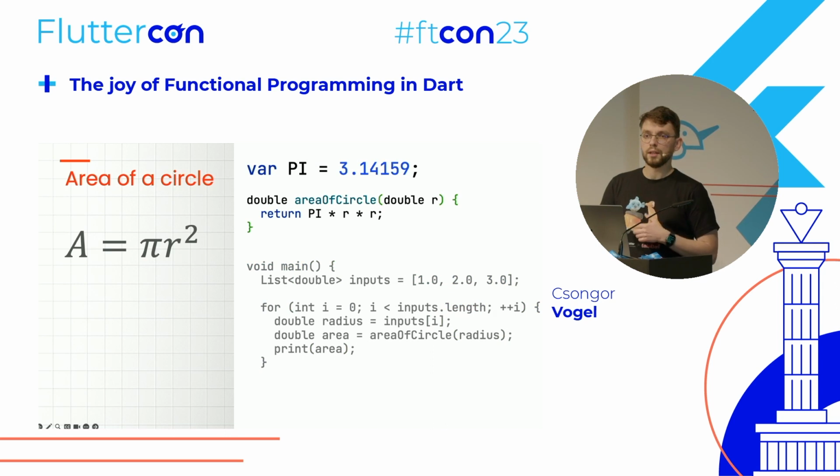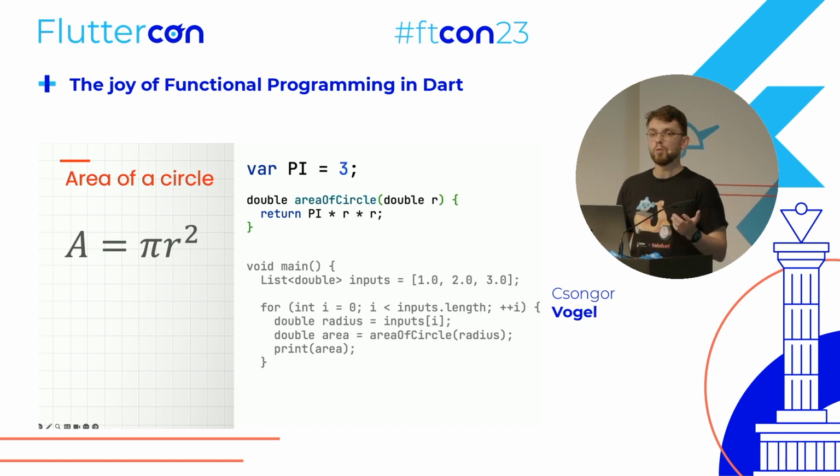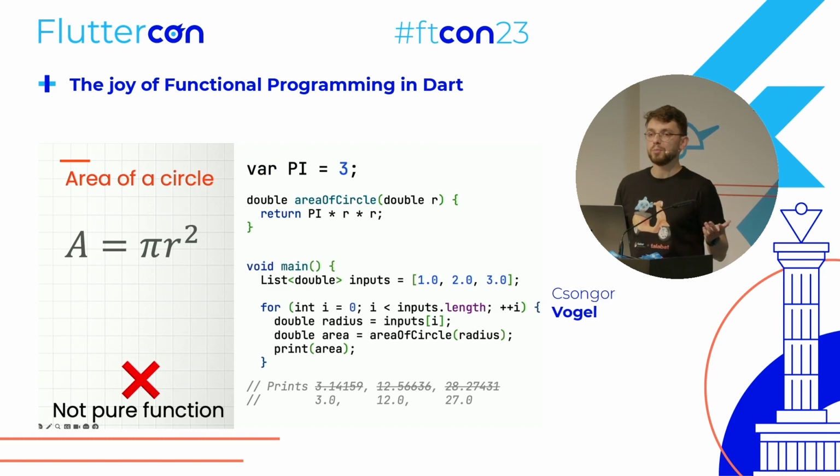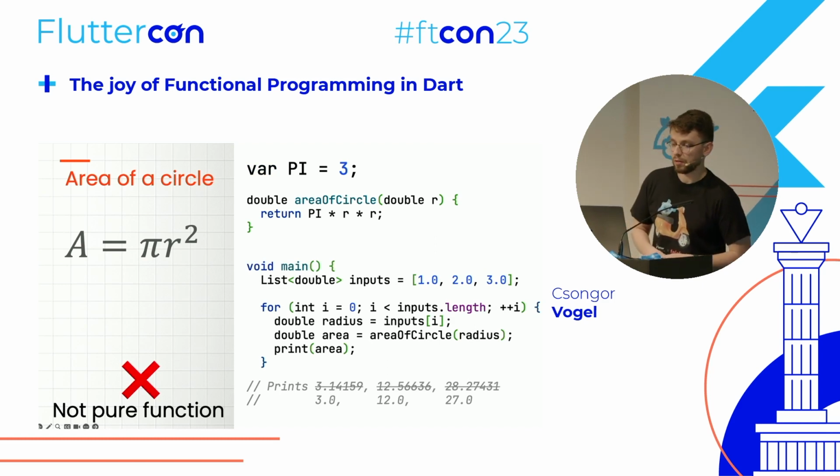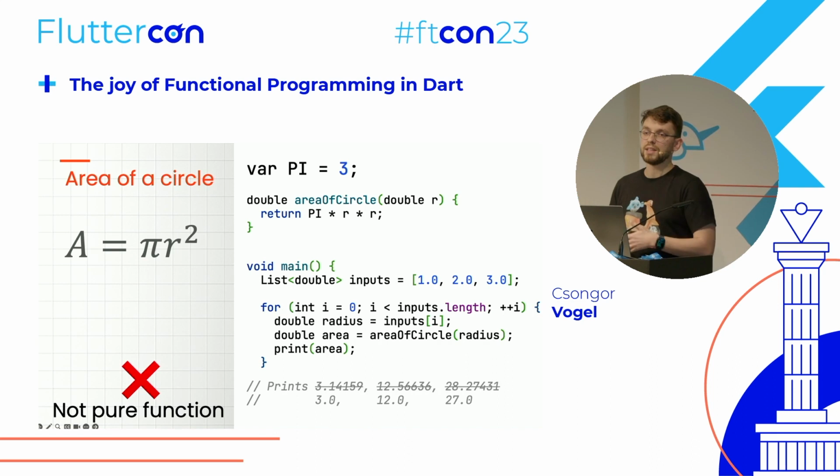Based on the current implementation, there is a chance that suddenly an isolate or a dangerous colleague can accidentally override the pi variable that we depend on. In that case, we cannot talk about pure functions, because in the console we can now see different outputs. So basically, we failed the main principle.